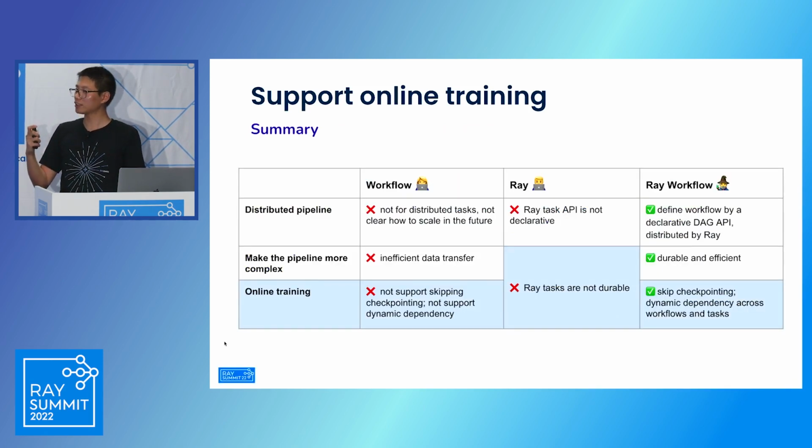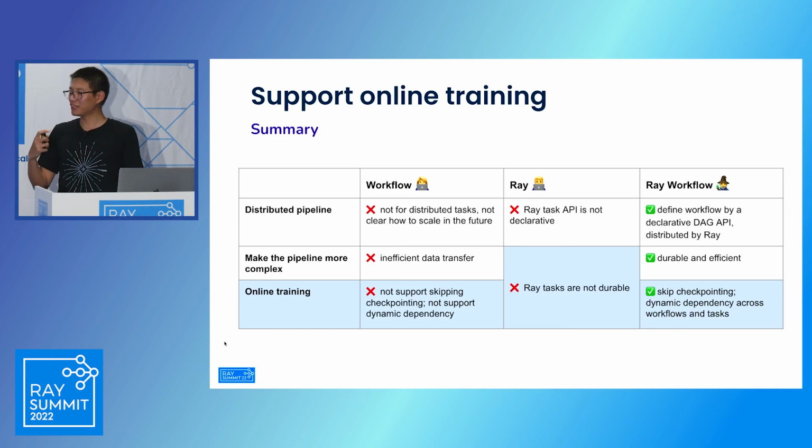So here we can see, in this online training task, if you are working with a typical workflow system, first, a lot of them do not actually support something like skip checkpointing, and they also cannot create a dynamic dependency. Say I want to create something dynamically depending on whether the previous pipeline workflow is still running or finished, and so on.